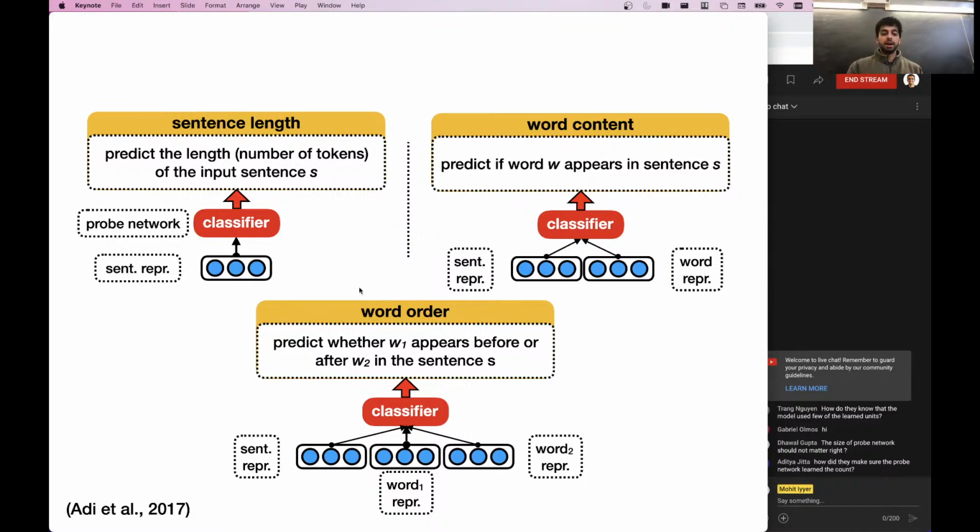If you know that the model is not very good at word order, then I can just redo this process, but allow the backprop to flow through the BERT model. And that would ideally increase the performance on the probe task. However, this is not a perfect solution, because as soon as you fine-tune your pre-trained model, you risk losing or adjusting some of the pre-trained knowledge itself, which might have been useful for the task.